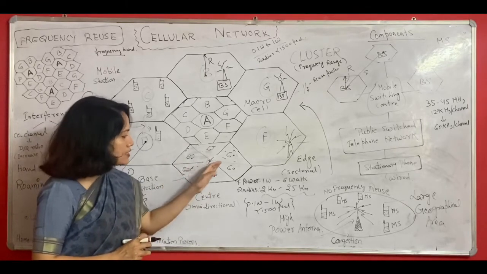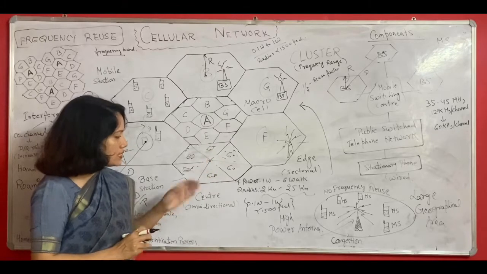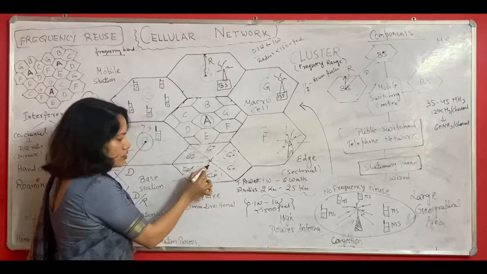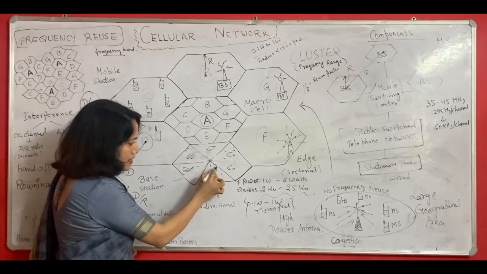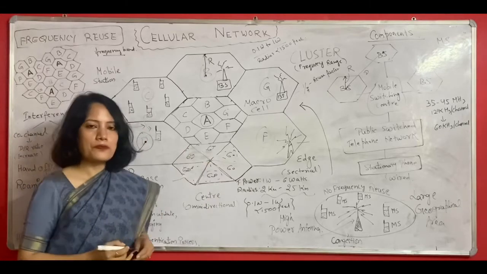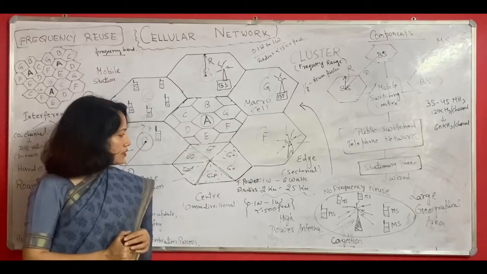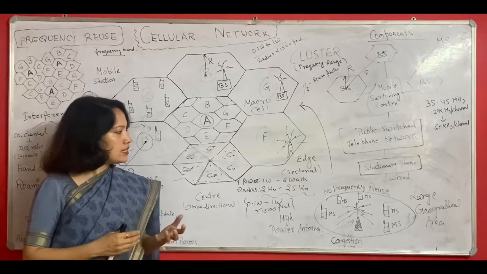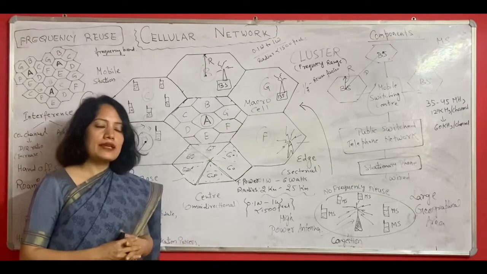So 6 different sectorial antennas are placed which serve the sectors. One antenna placed over here will serve only this sector. Similarly, another antenna will serve only in this sector, and so on. So this way also an increased number of subscribers can be given service, and this problem can be dealt with.